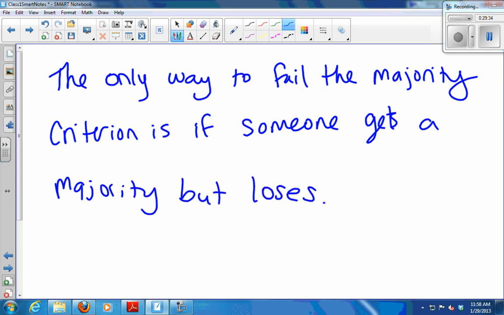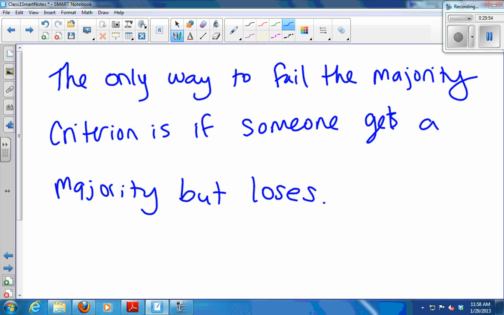Now that might sound crazy. How could somebody get a majority and lose, right? It's impossible with the plurality method. But as some people pointed out, the method that we use to elect candidates in our country with the Electoral College, it is possible to get a majority of the votes and lose.